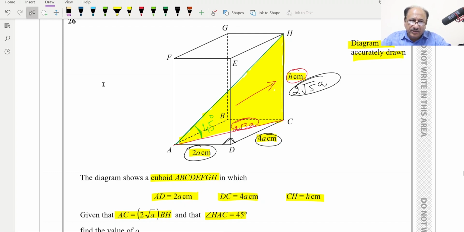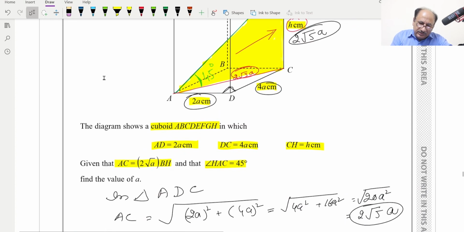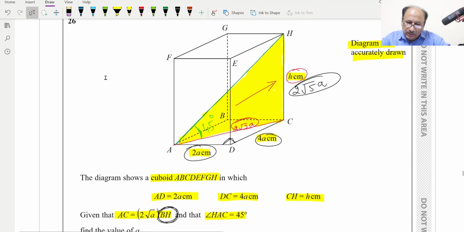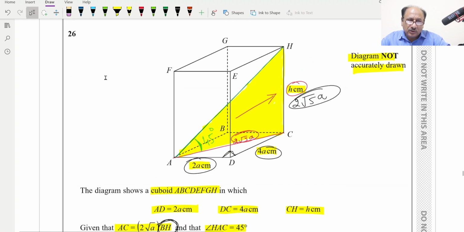Now after finding the H value, we will apply this condition. For this one we require BH. So what is BH? B is this one. So we basically require BH. I will draw BH for you, and BH is this.